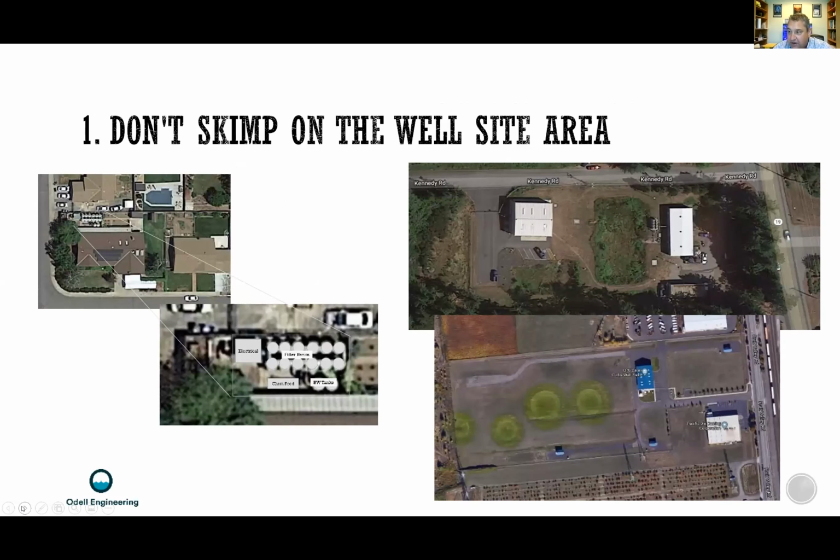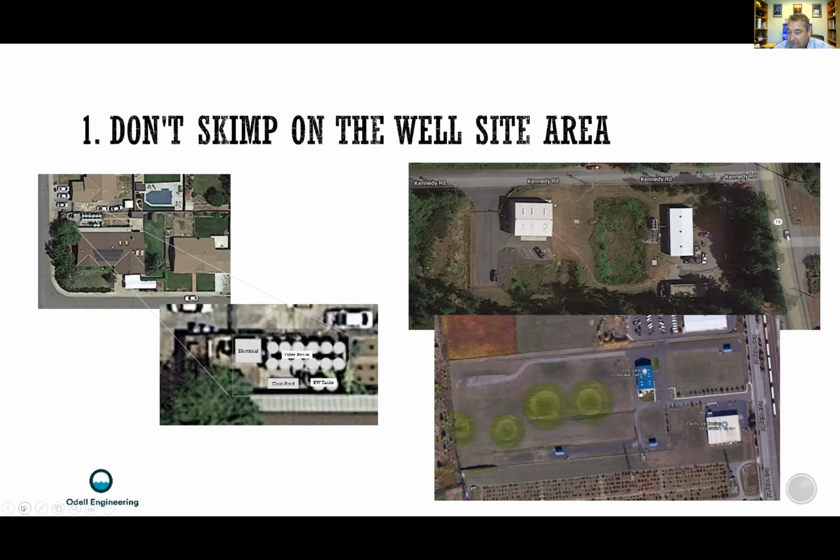First, don't skimp on the well site area. The picture on the left is from Yuba City, California, where we had to put a 1,200 gallon a minute arsenic removal plant on a site that was 20 foot wide by 40 foot long and surrounded by residential customers on 3 sides.